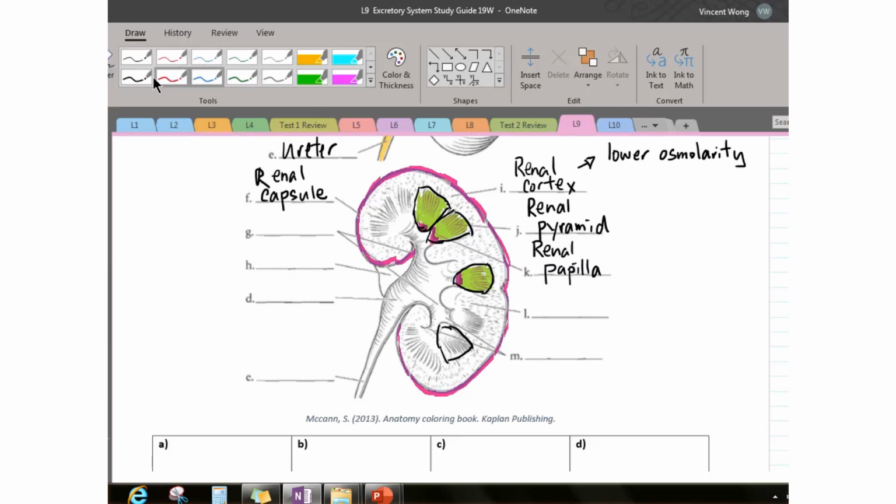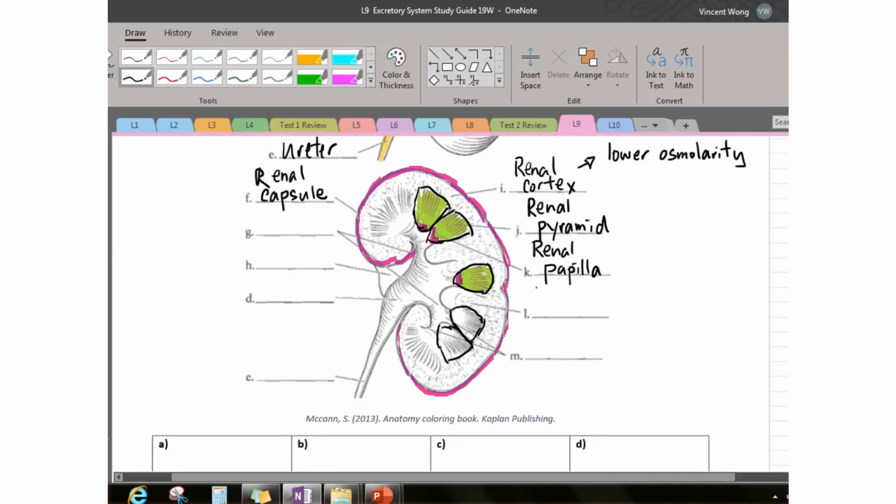So you don't have the pyramids packed together necessarily, right? They're pretty close, but they're not like, you know, super packed. So for example, here is another pyramid, and you can see there will be space between the pyramids, right?